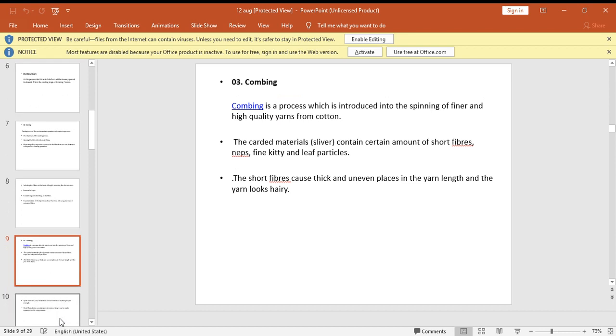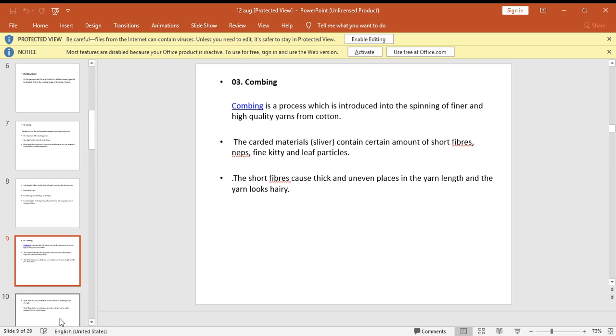And the third stage is combing. Combing is a process which is introduced into the spinning of finer and higher quality yarns of cotton. The carded material, that is fiber, contains a certain amount of short fibers, neps, fine dirt, and leaf particles.